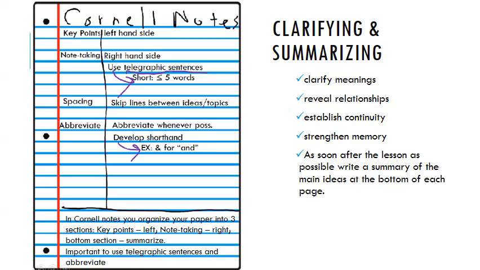So you can see I just basically kind of summarized the important points of this page, talked about the 3 sections, where they are and where they go, and then talked a little bit about the 2 main points about what telegraphic sentence is and abbreviating.